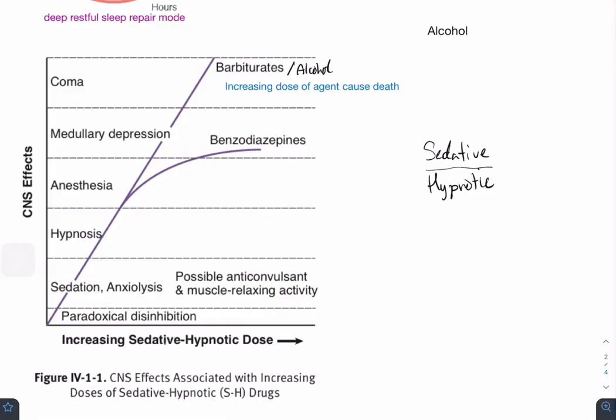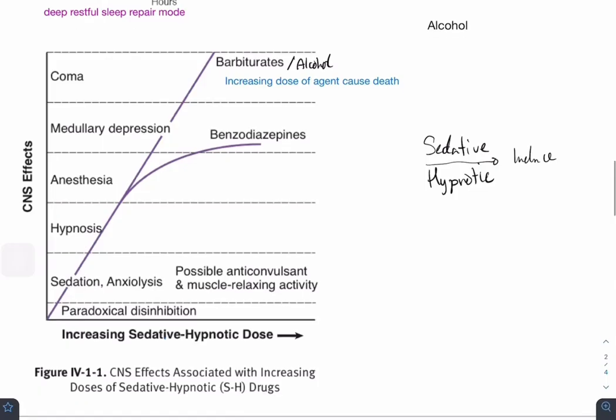Sometimes we use these drugs to induce a sense of sleepiness, because people can fall asleep, so they would take some benzodiazepines just to make themselves kind of tired and fall asleep.